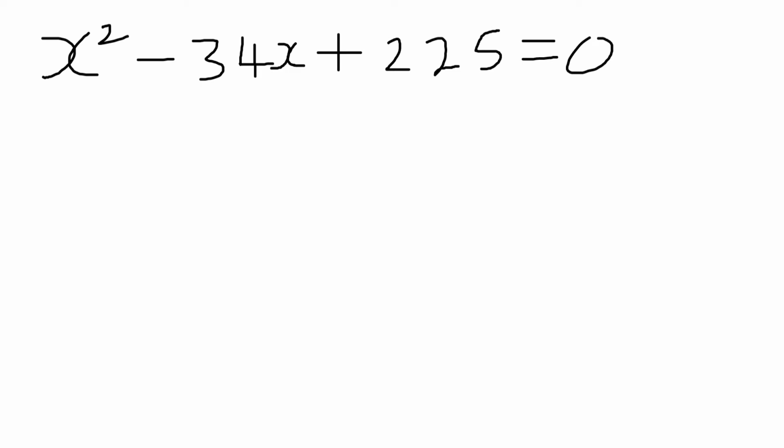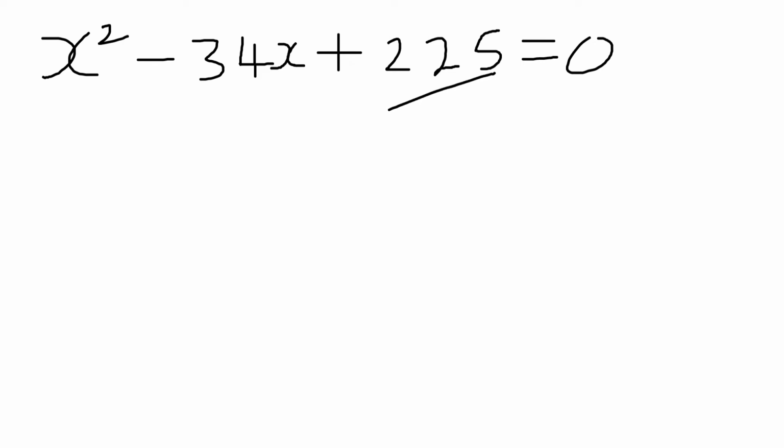So if you don't know how to solve this, you can check some of my previous videos. I've done some videos on how to solve quadratic equations using the factorization method, by completing the square, and using the quadratic formula. So whichever one you prefer. But at this point, I think we can factorize.